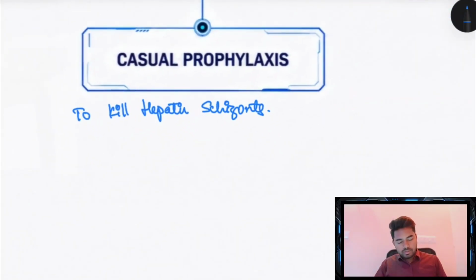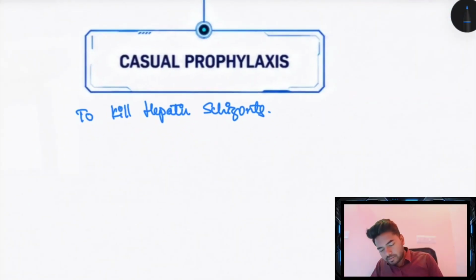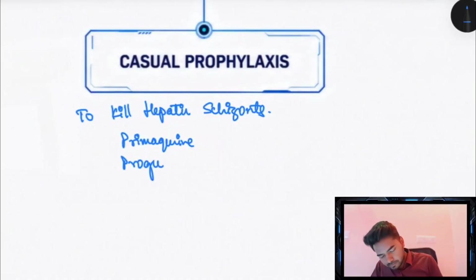We have three drugs. One is primaquine again, the other is proguanil, and last one is doxycycline.